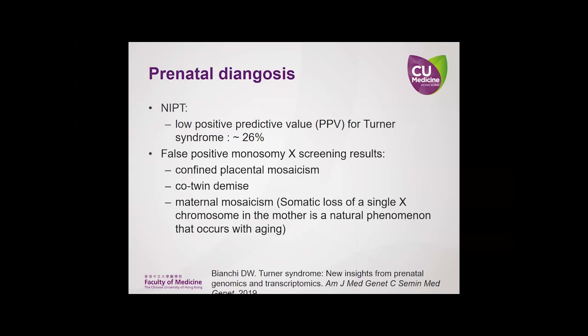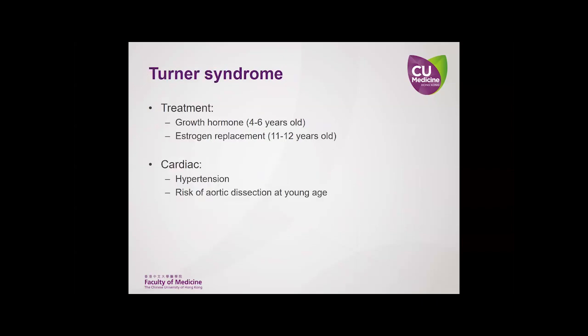It could be a maternal mosaicism, and aging is actually a normal phenomenon. In those cases, the mother may have a very low level of somatic loss of a single X chromosome, and that could lead to a false positive monosomy X screening test.